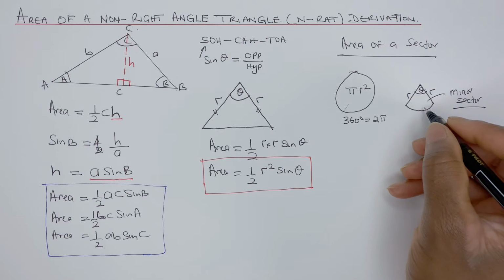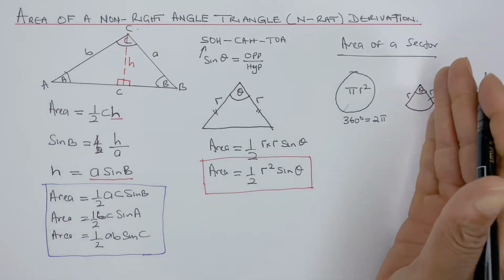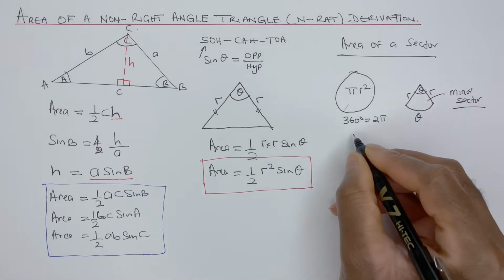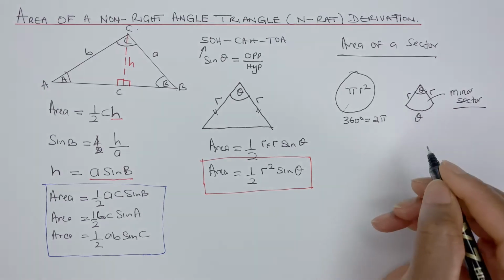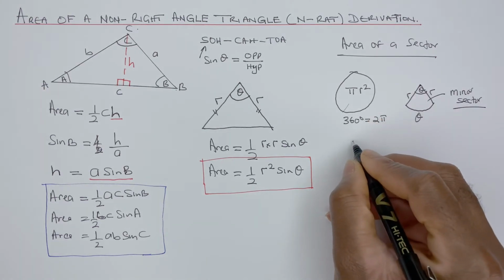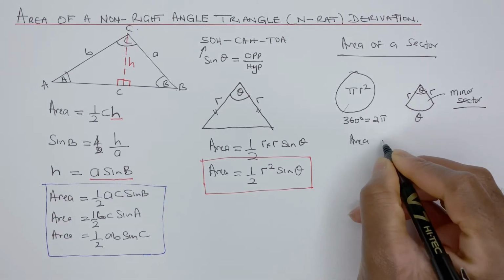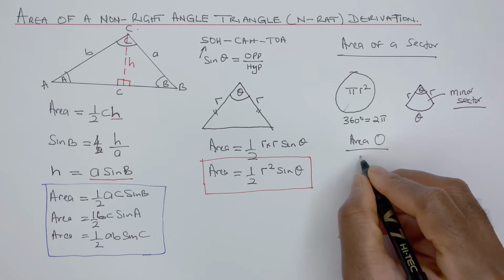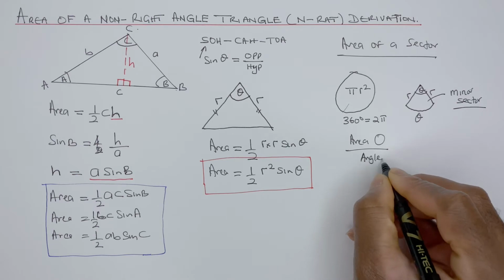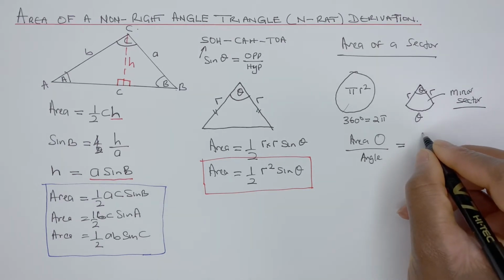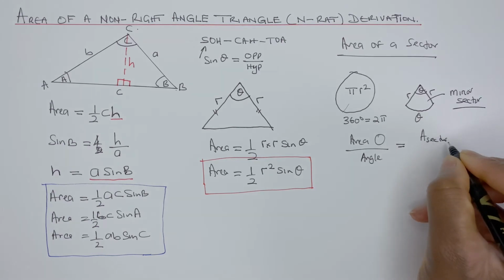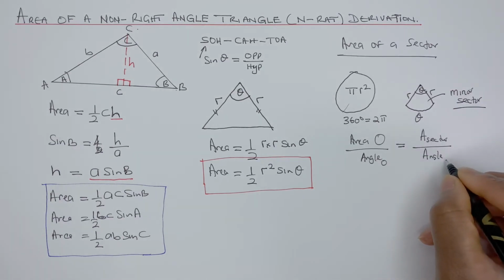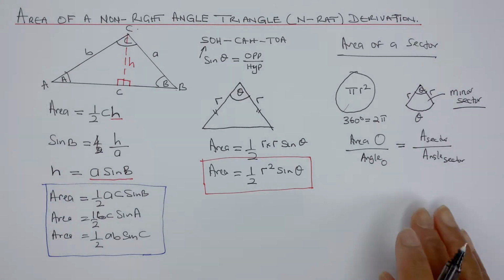The way to work out the area of a sector is to compare the area of the circle to the sector. This one has an angle of theta, and this one has an angle of 2 pi. So the area of a circle divided by the angle of a circle should be equal to the area of a sector divided by the angle of the sector.